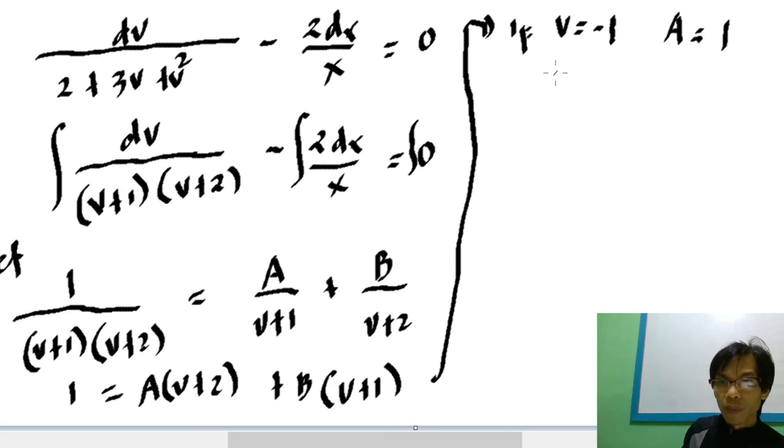If we put v is equal to -2 by partial fraction, we have b is equal to what? Substitute it in the function. We have -1.